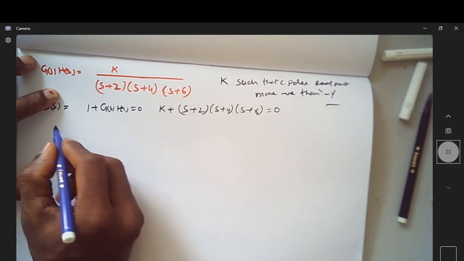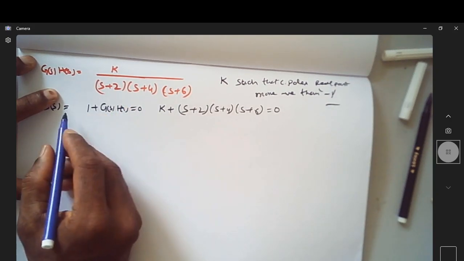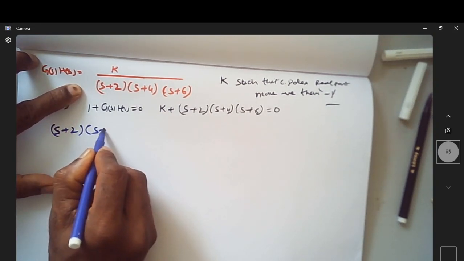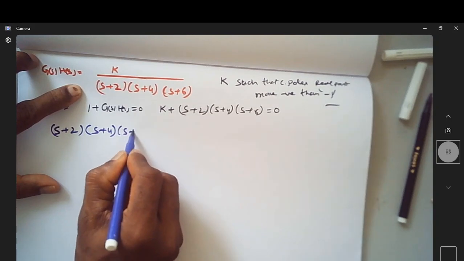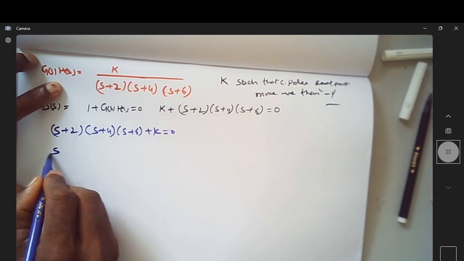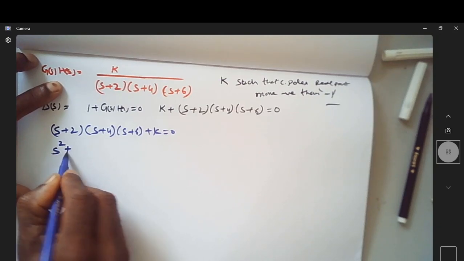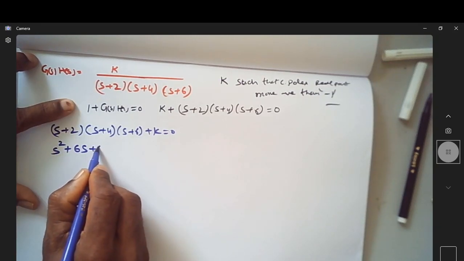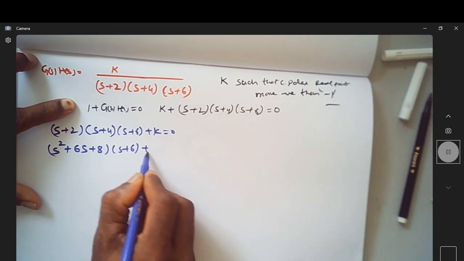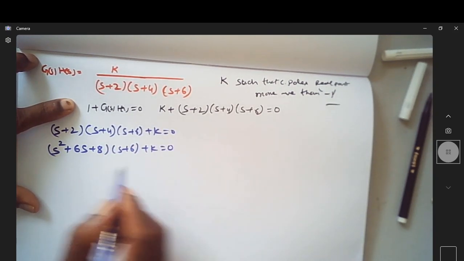So now I can write it as (s plus 2) into (s plus 4) into (s plus 6) plus k equal to 0. This happens to be (s square plus 6s plus 8) multiplied by (s plus 6) plus k equal to 0.